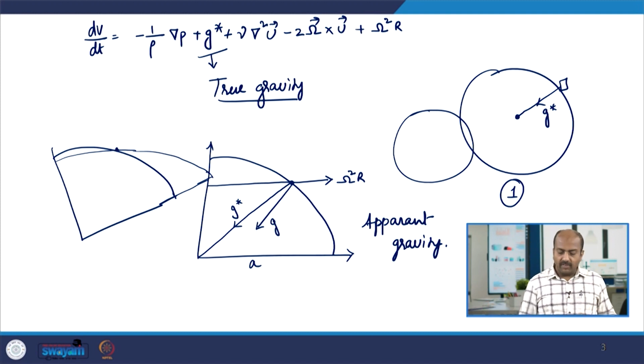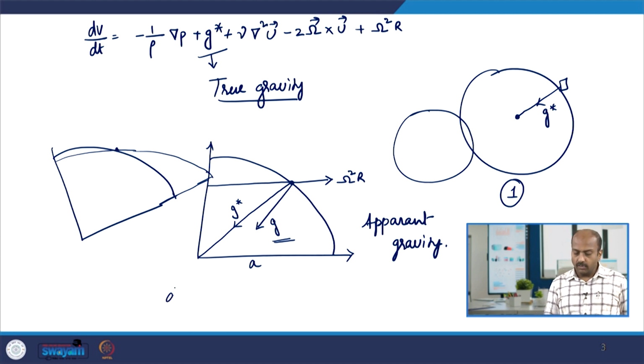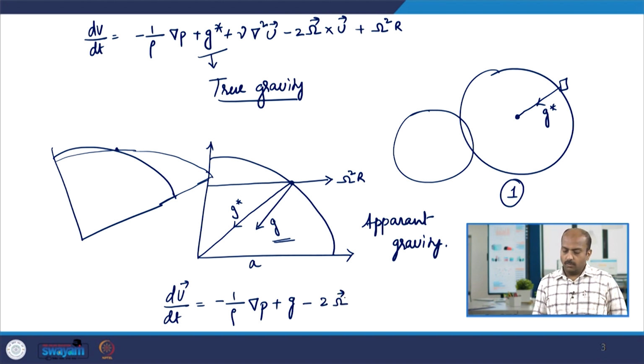So, this is one very important aspect of true gravity and apparent gravity, and as a consequence we can accommodate g star and omega square r into g itself. Our equation of motion will now become dV over dt is minus 1 by rho del p plus g minus 2 omega cross u plus nu del square u.